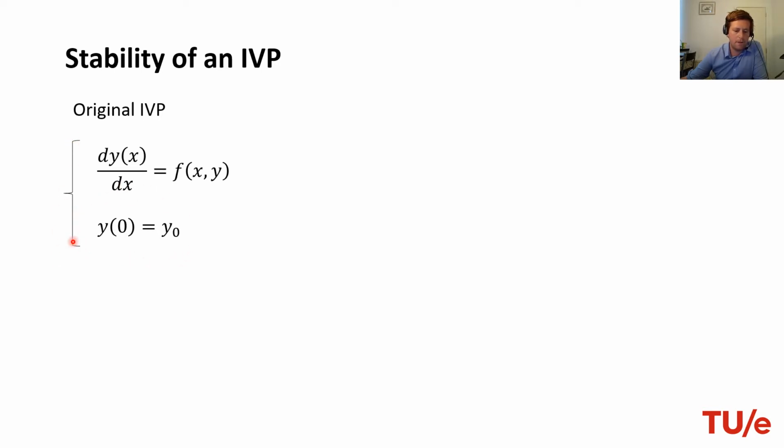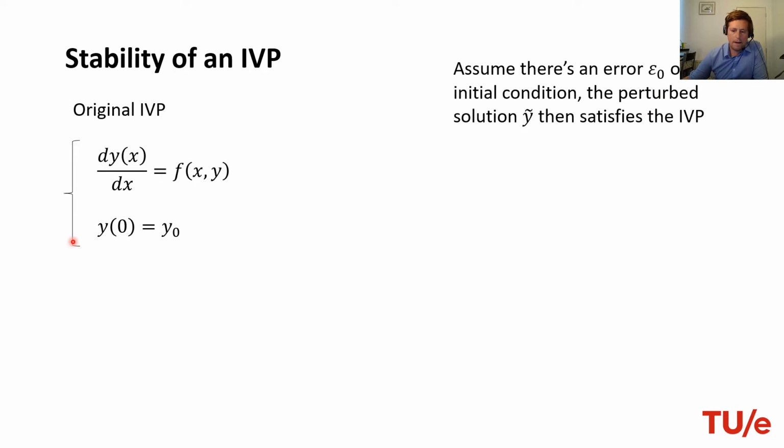Assume that there is a small error, epsilon 0, on the initial condition, which results in a perturbed solution. This perturbed solution will satisfy the following initial value problem, where the initial condition is slightly different.